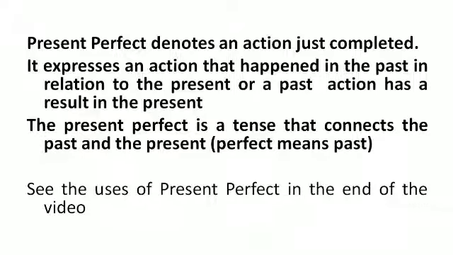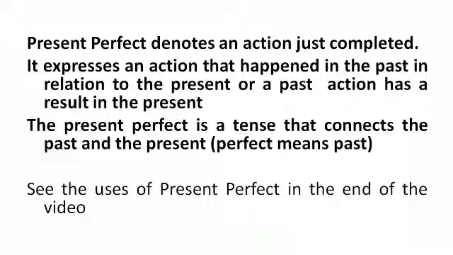In this video, we are going to discuss the present perfect tense, the third tense in this series. Present perfect tense, if we define it, denotes an action just completed.